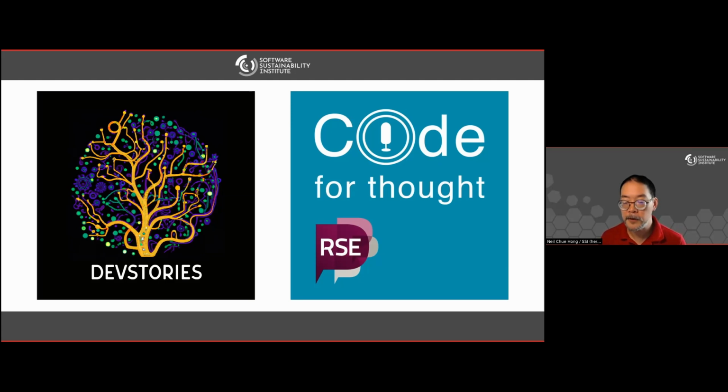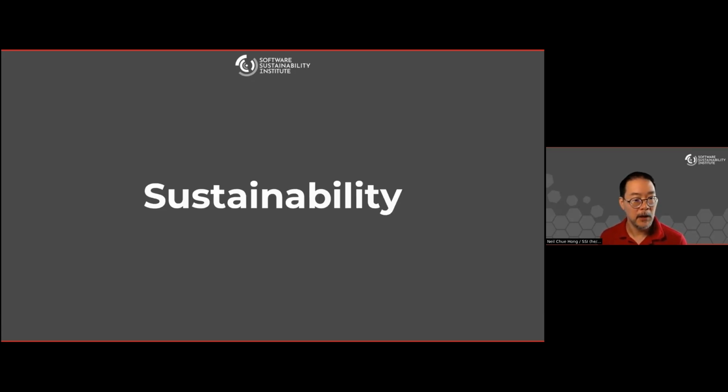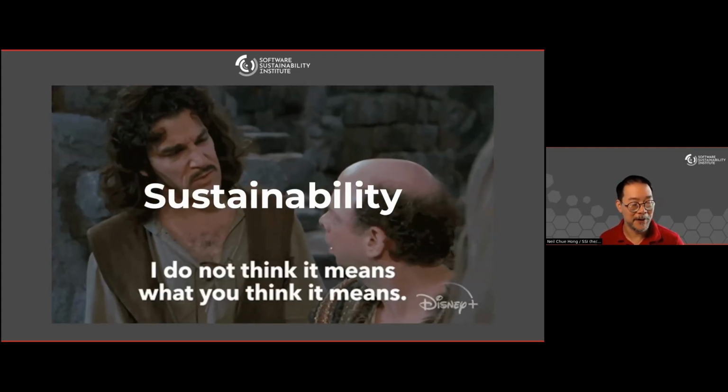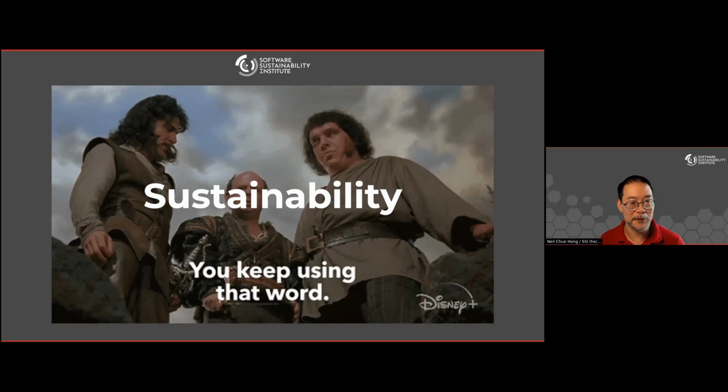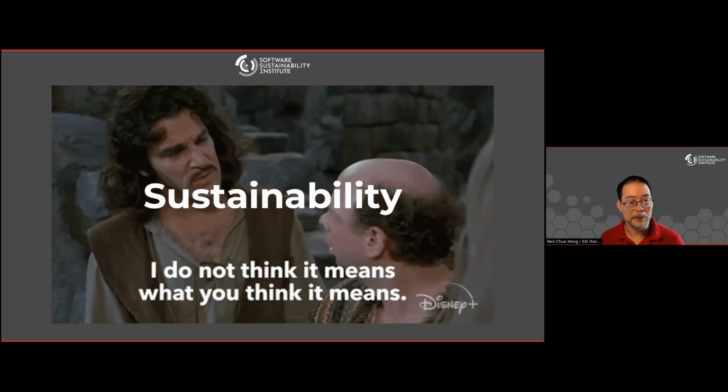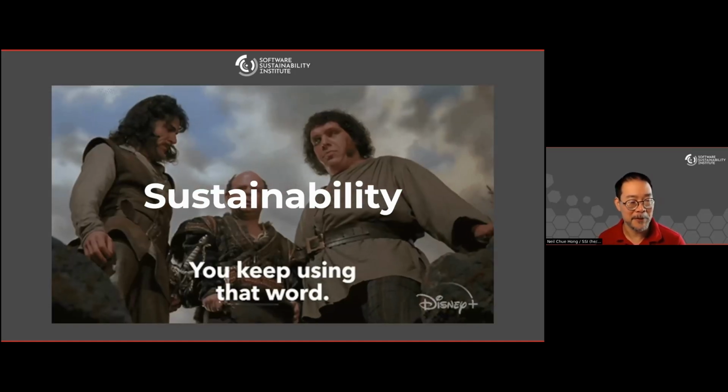So as our profession is maturing, one of the big things that we need to address is the idea of sustainability. And I say this coming from the Software Sustainability Institute. One of the things that we've had to contend with for almost 15 years is no one really knowing what sustainability means.